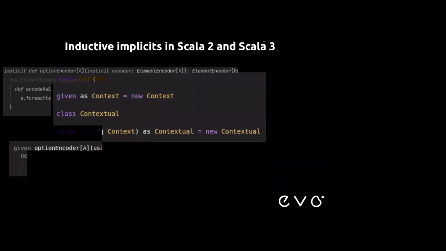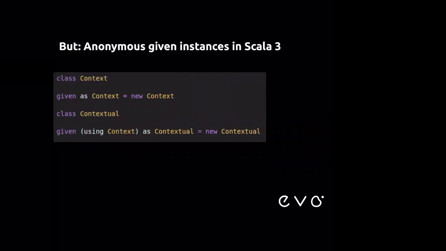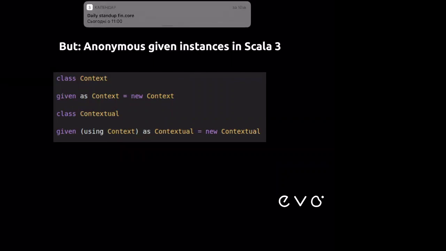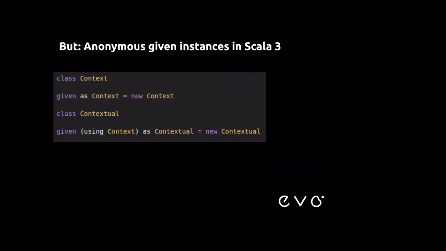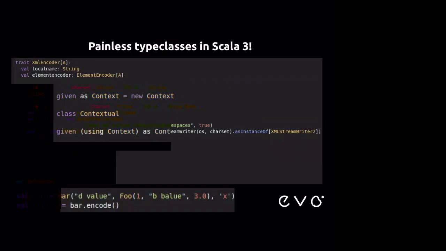Firstly, anonymous given instances. Sometimes it may be very useful, but the first question you could ask is how to import them without using underscores. And I'll answer later.